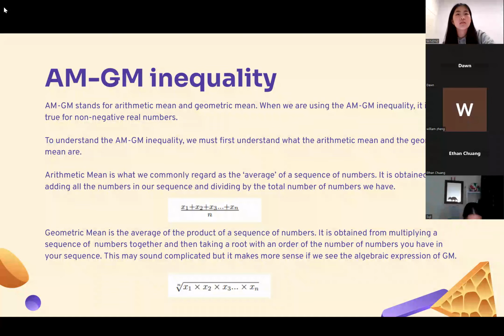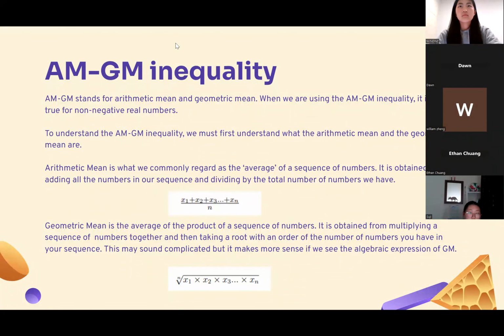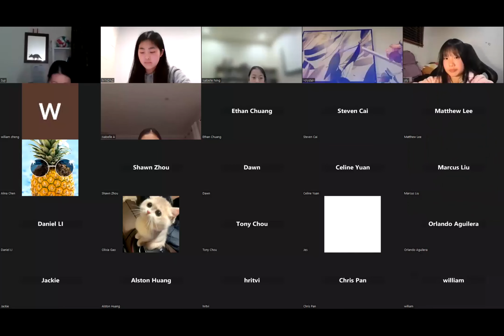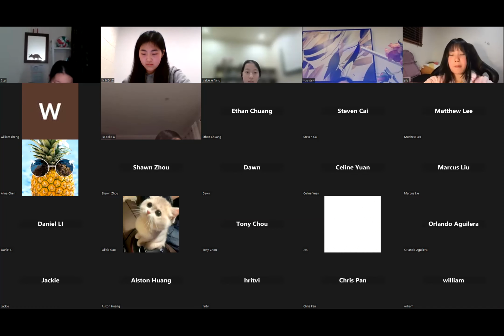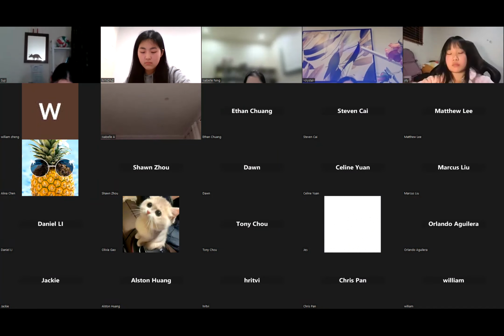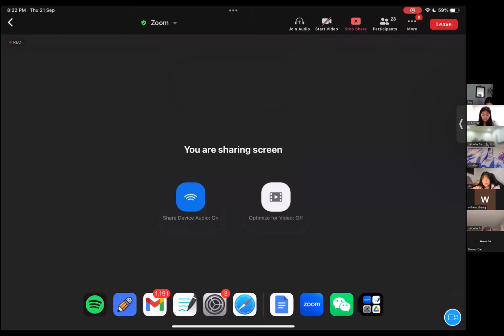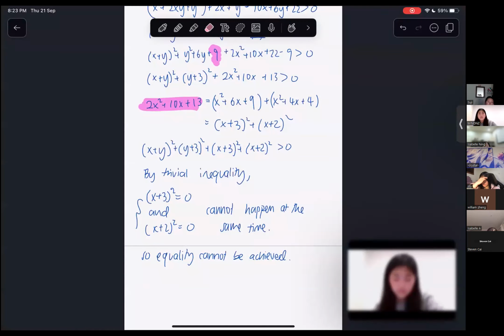Let's look at an example of how a geometric mean could be used. Let's pick some numbers.